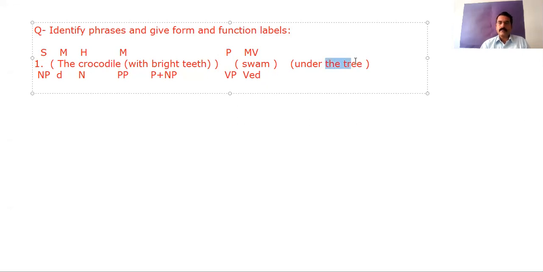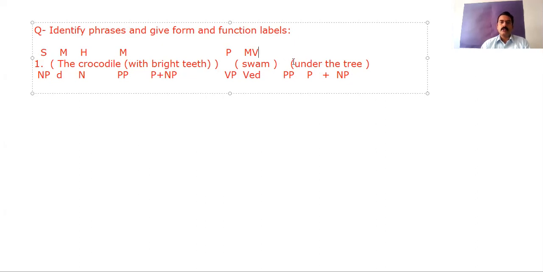So the tree we can identify as a noun phrase, and here we have preposition under. So when a phrase is introduced by a preposition, we call it a PP. So this phrase is prepositional phrase. Under is preposition plus the tree is an NP. So PP, P plus NP.